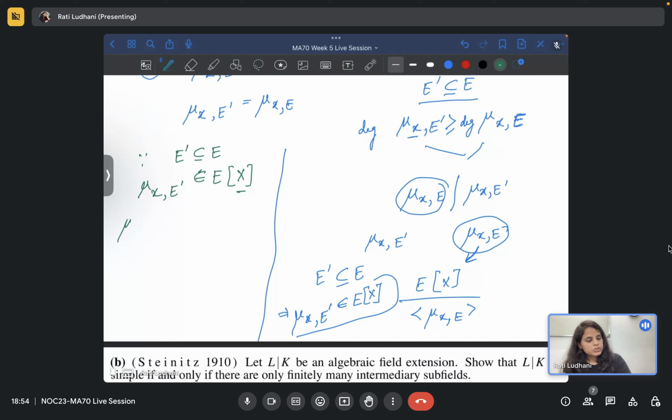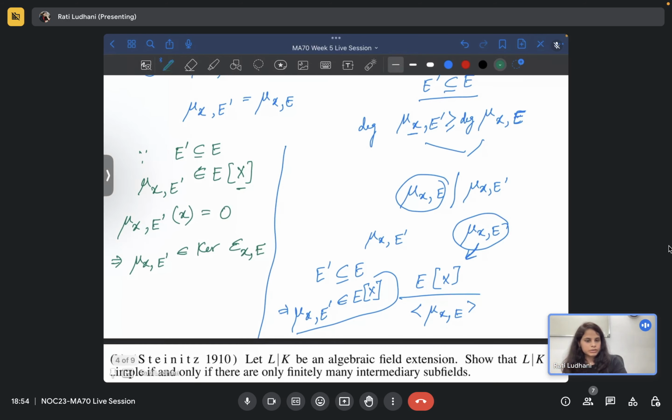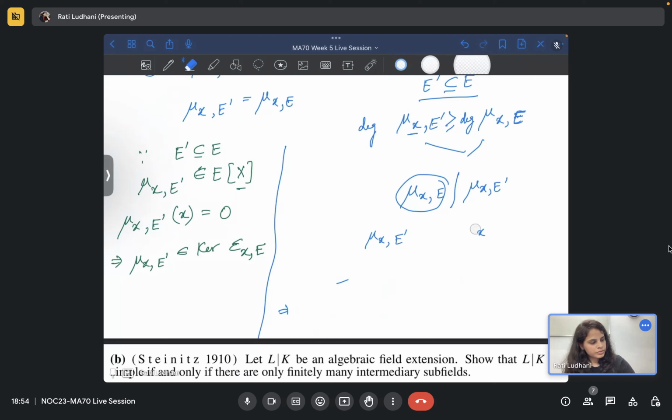And you also know that mu(x, E'), when you evaluate at x, will be just 0. So this implies mu(x, E') belongs to the kernel of the evaluation map at x, now thinking about E, the kernel of epsilon(x, E).